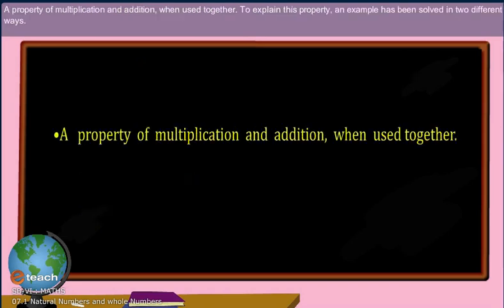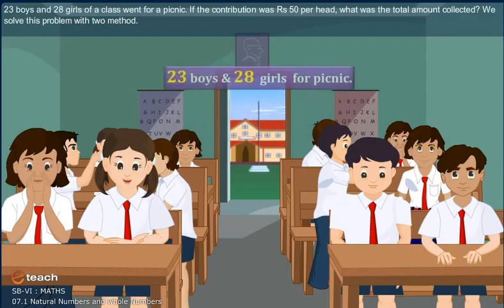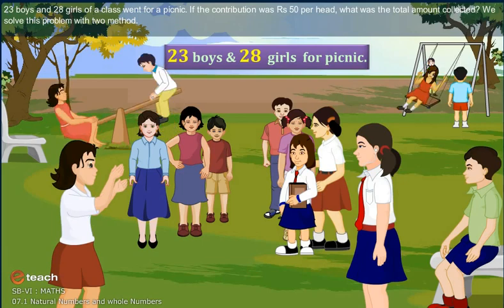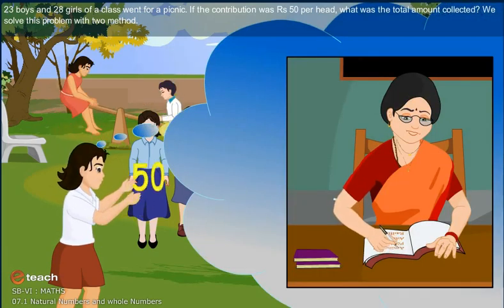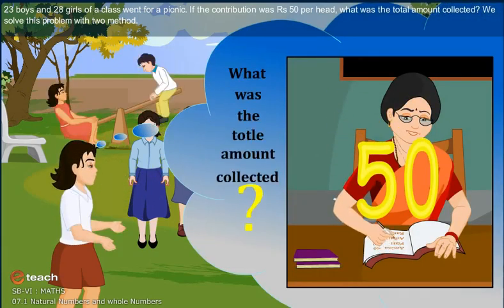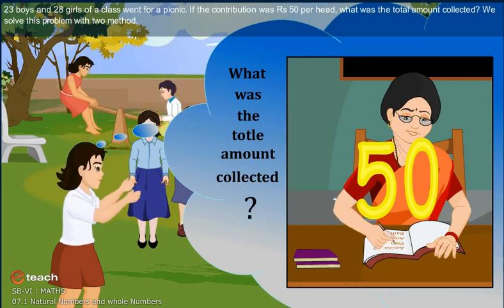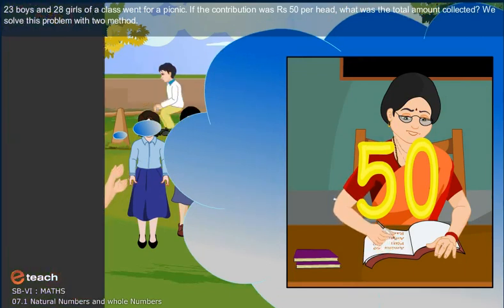A property of multiplication and addition when used together. To explain this property, an example has been solved in two different ways. 23 boys and 28 girls of a class went for a picnic. If the contribution was Rs 50 per head, what was the total amount collected?